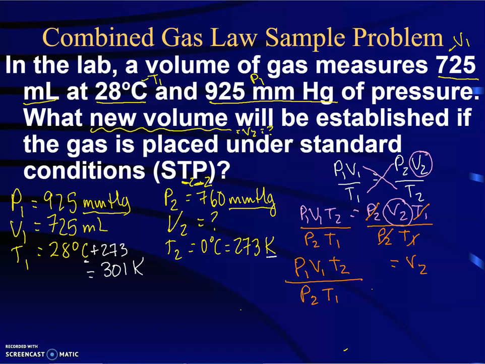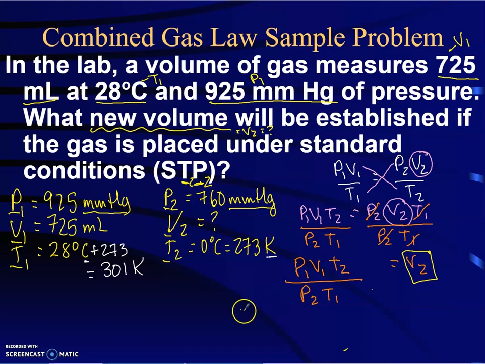Now that I have isolated V2 by itself, I'm going to plug in all of these numbers with my givens in the right spot, and then all I have to do is type them into my calculator.